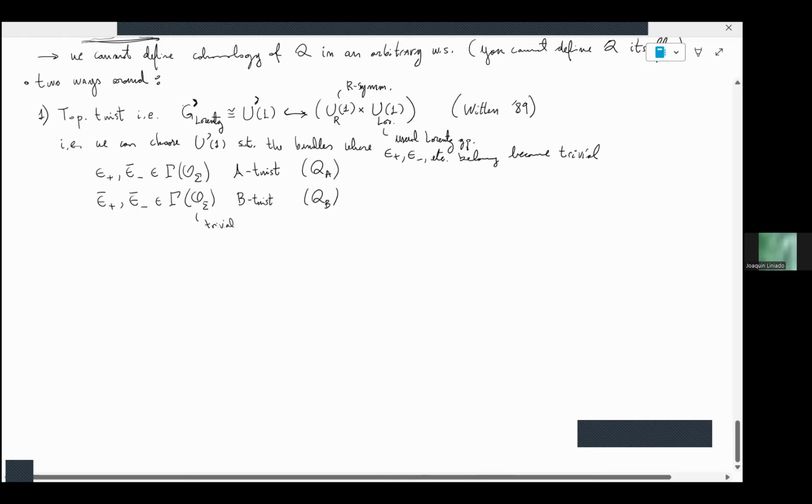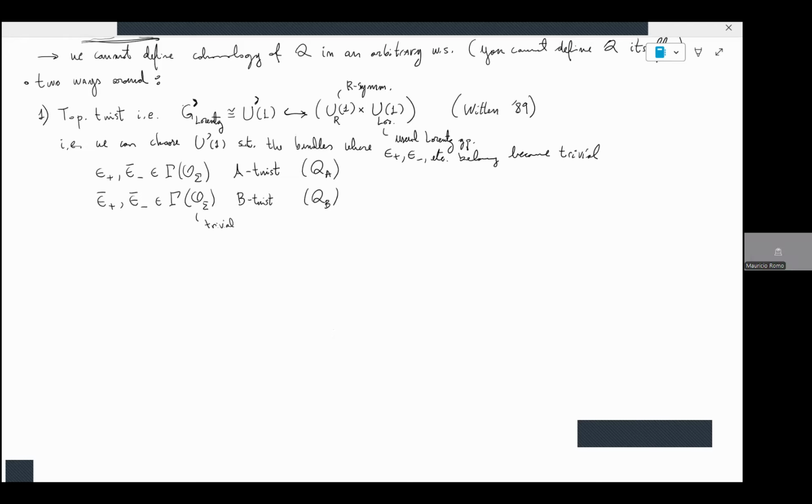Mauricio, yes, sorry. I got a little bit lost in this construction. Why is it that you are saying that originally the Lorentz group is a U1, and now you embed a different U1 into this U1 times U1? Why can you now trivialize your bundle?